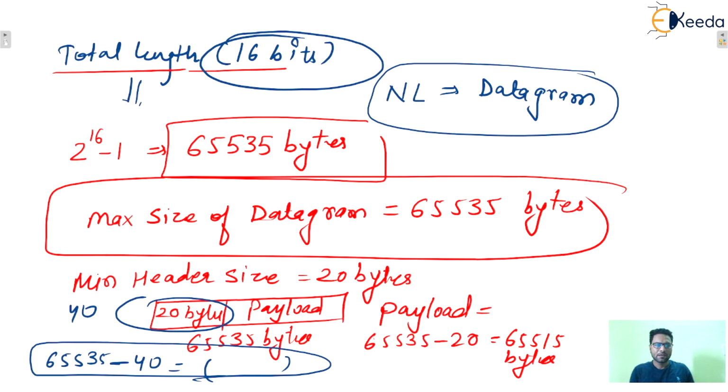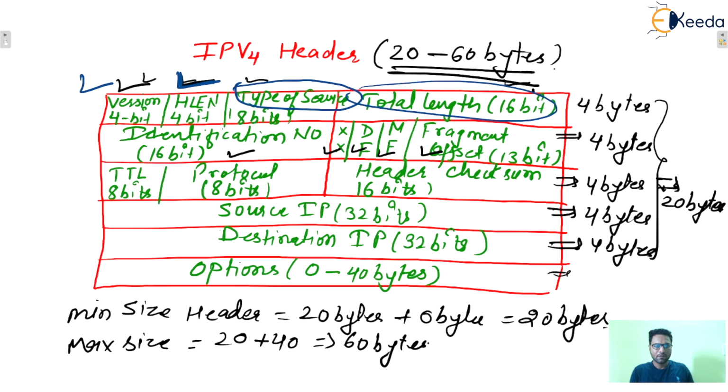Next, if we look at the second row, here we have the identification number, then don't fragment, more fragment, and fragmentation offset or fragment offset, whatever it is.